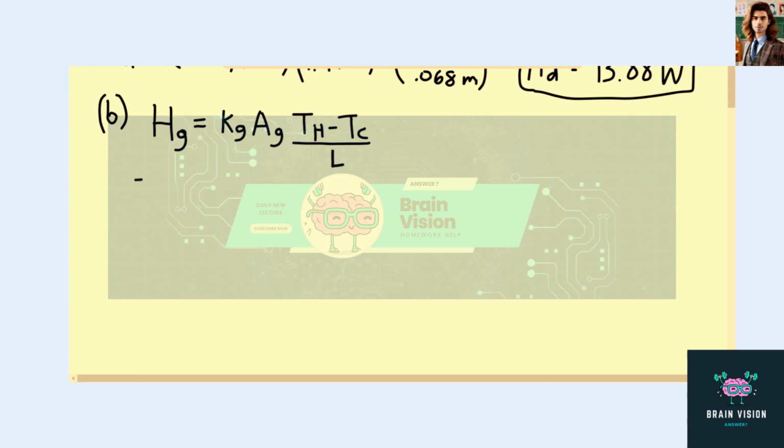Okay, so this H sub G is going to be equal to the thermal conductivity of glass, which is 0.80 watts per meter Kelvin. What's the area of our glass window that's inserted? It's 0.5 squared, or 0.25 meters squared.